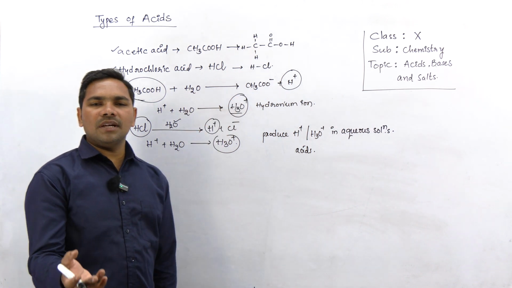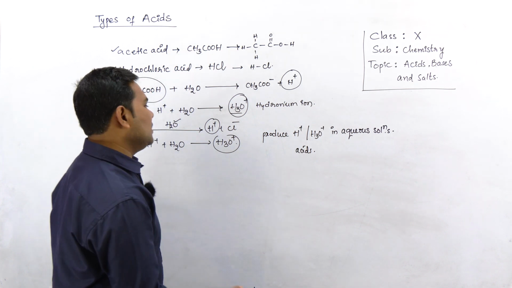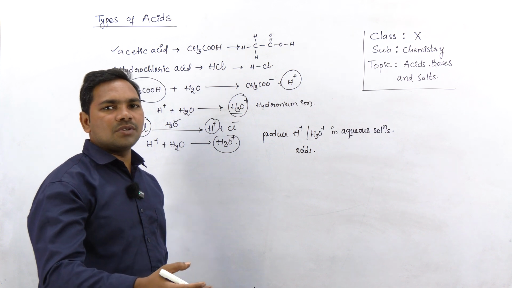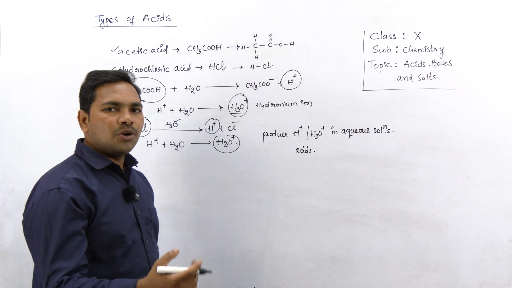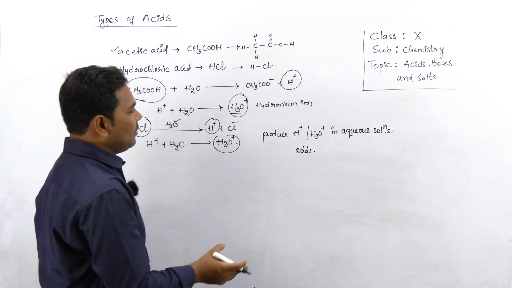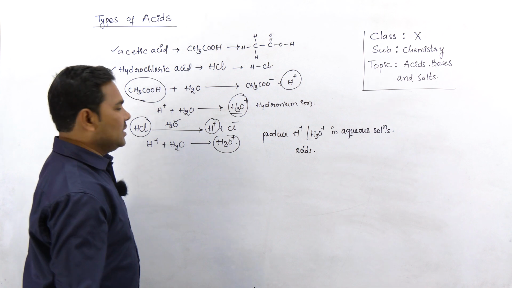So any substance that can produce H plus ion when dissolved in water is considered an acid, irrespective of its source, whether from natural sources or man-made. If they can produce H plus ions, they are called acids, whether organic or inorganic. This is a common thing in all acids.